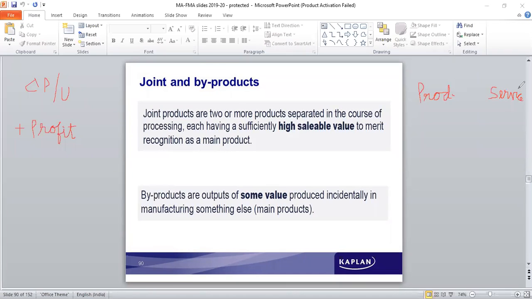So when we see that the costs are not only incurred in the production department, we can find out the total production cost divided by number of units gives us cost price per unit. But they are also incurred in the service department. So all service department costs ultimately have to be distributed to production departments.